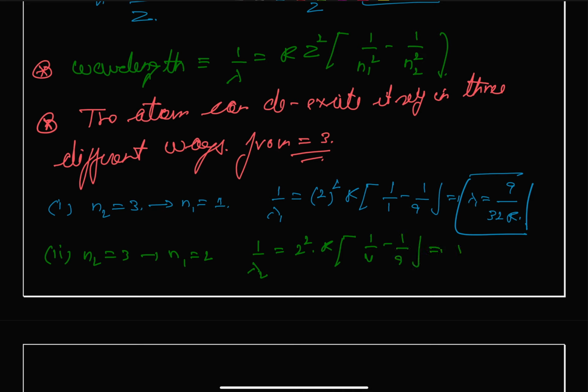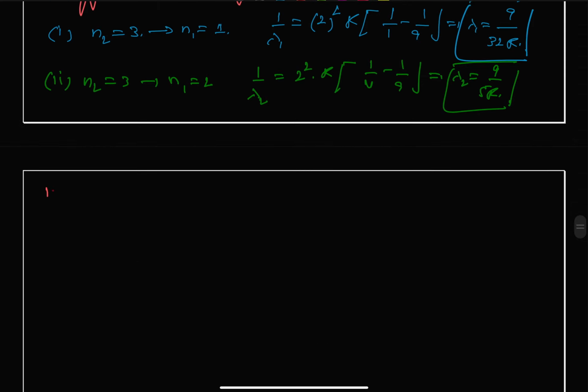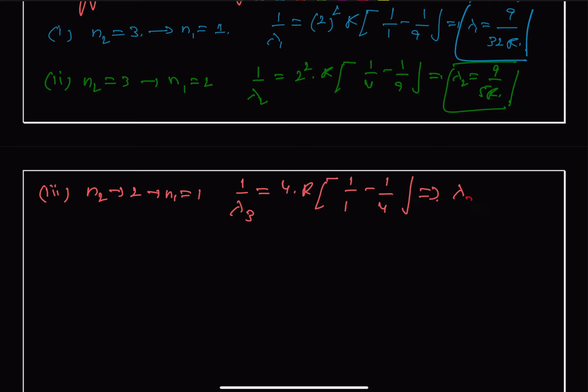This gives lambda 2 is equal to 9 upon 5 times R. And finally, third, n2 is 2 to n1 is equal to 1. So 1 upon lambda 3 is equal to 4R, 1 upon 1 minus 1 upon 4. This gives lambda 3 is equal to 1 upon 3R.